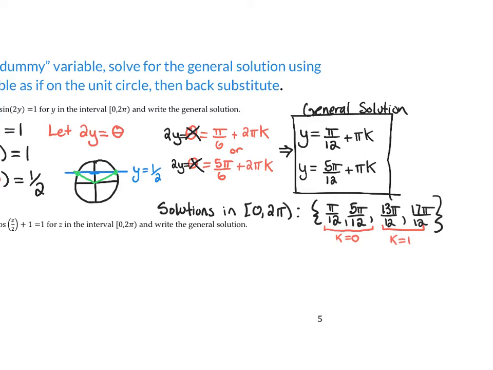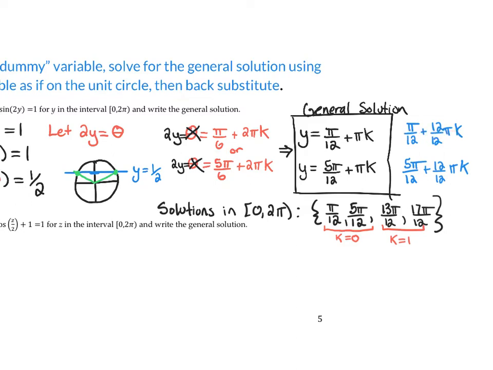So if you think about the work that's going on here, I was doing pi over 12 plus 12 twelfths of pi k, or 5 pi over 12 plus 12 twelfths of pi k. If I were to keep on going and add 24 twelfths, then I would be at 25 twelfths, which is more than 2 pi.